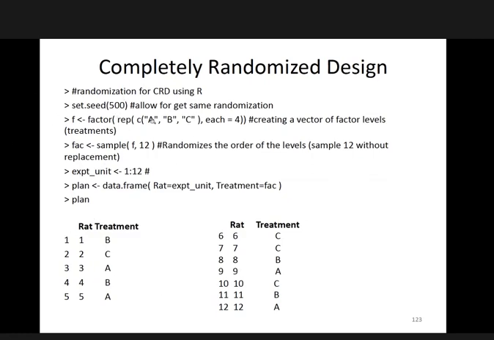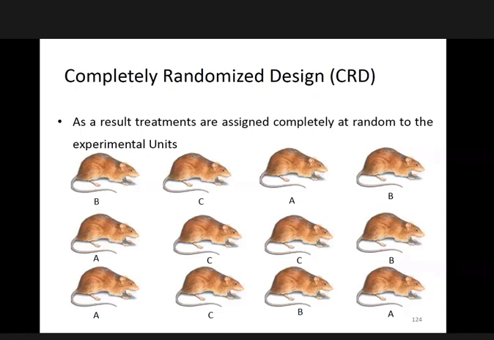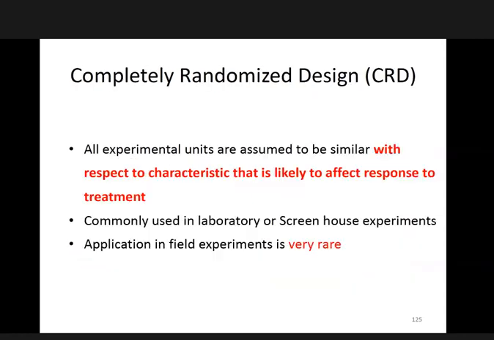Now you have the presentation with you. I'm going to spend maybe about 30 minutes trying to get each one of us to open R and R Studio, and then we look at a few of those things here. Okay. So here, all experimental units are assumed to be similar with respect to characteristics likely to affect the response.